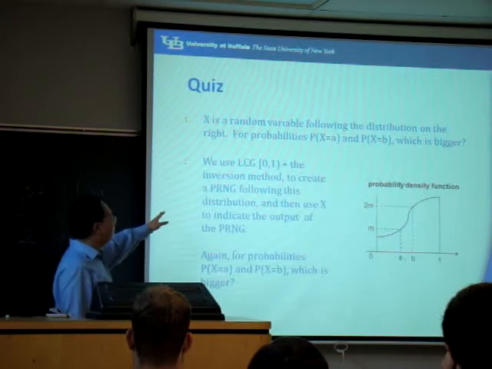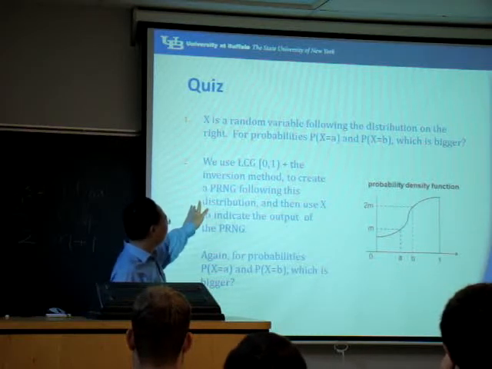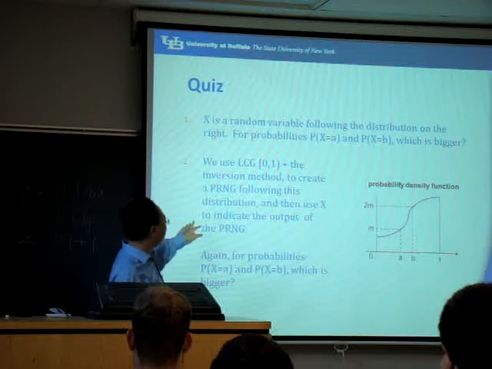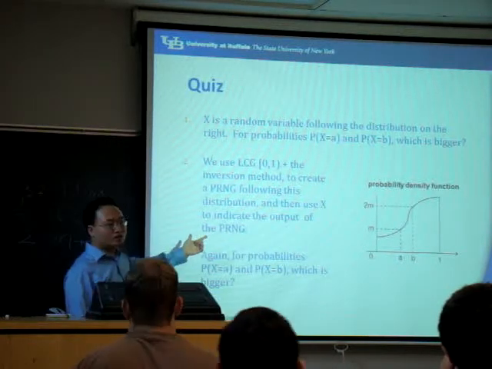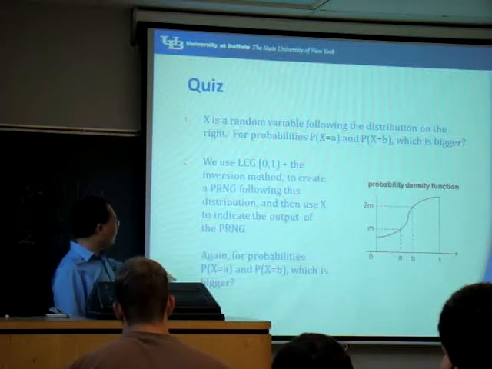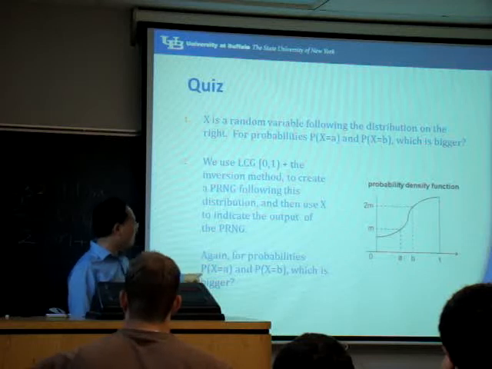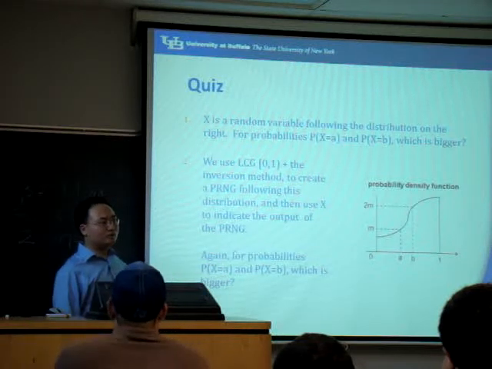Now we use LCG and the inversion method, and we create a PRNG following this distribution. And then we use X to indicate the output of the PRNG. Then, for the probabilities P(X equal to A) and P(X equal to B), which is bigger?